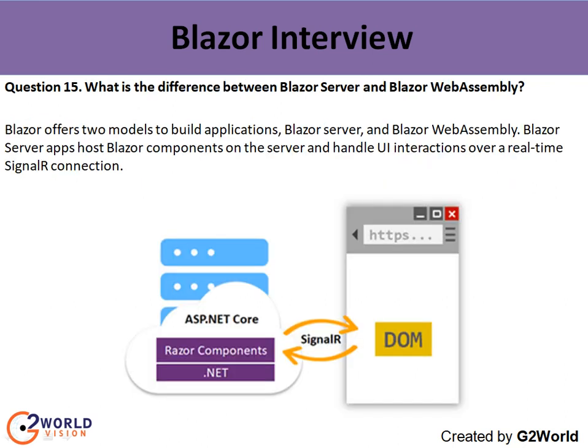What is the difference between Blazor Server and Blazor WebAssembly? Blazor offers two models to build applications: Blazor Server and Blazor WebAssembly. A Blazor Server app hosts Blazor components on the server and handles UI interaction over a real-time SignalR connection.